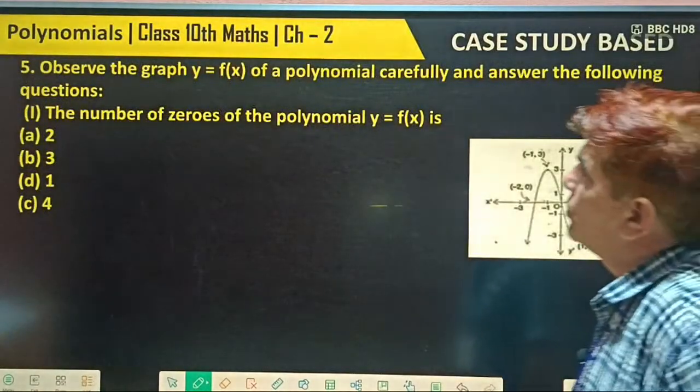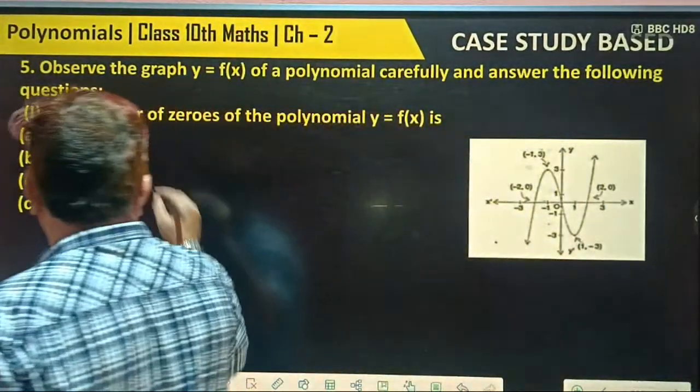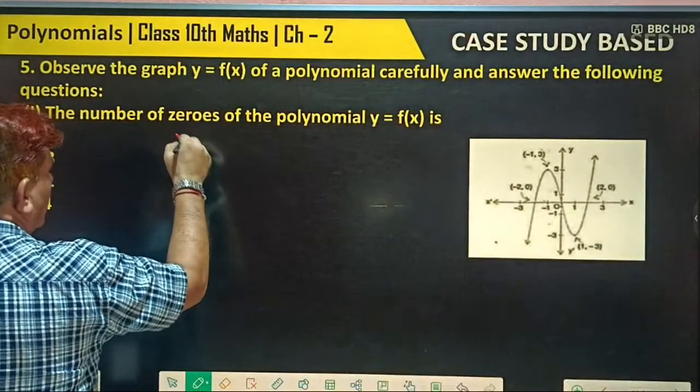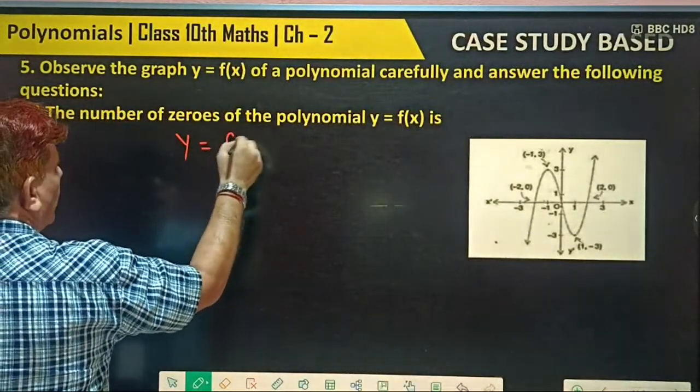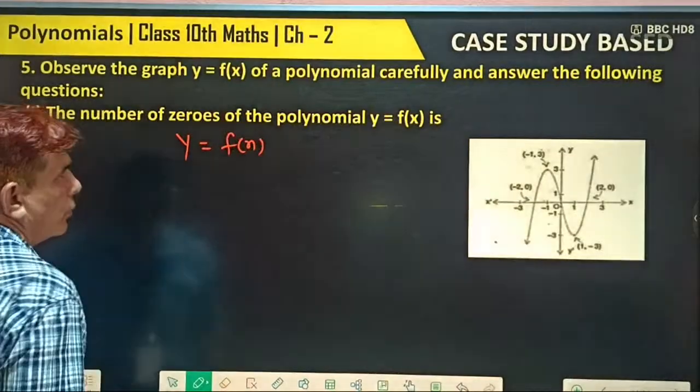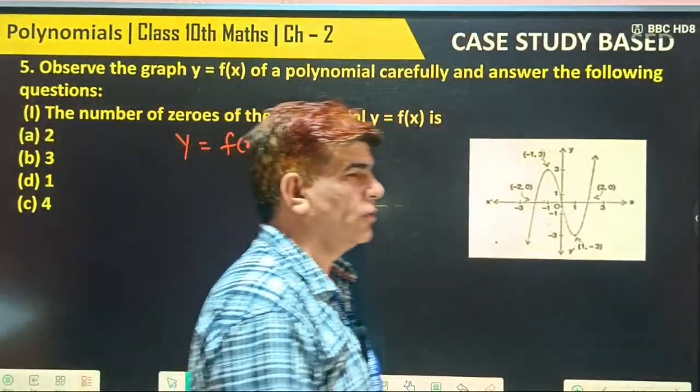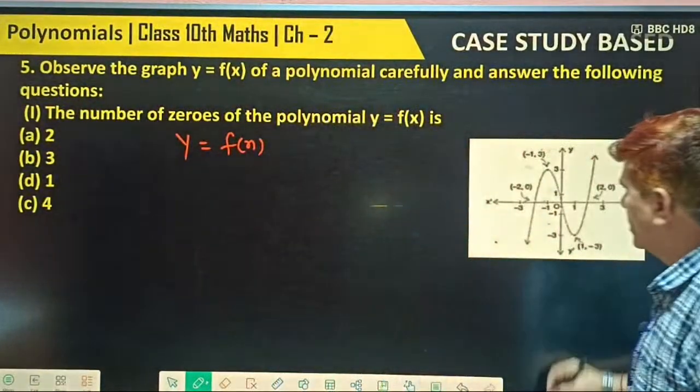Next, observe the graph y equal to f(x) of a polynomial carefully and answer the following questions. So the graph is like this.